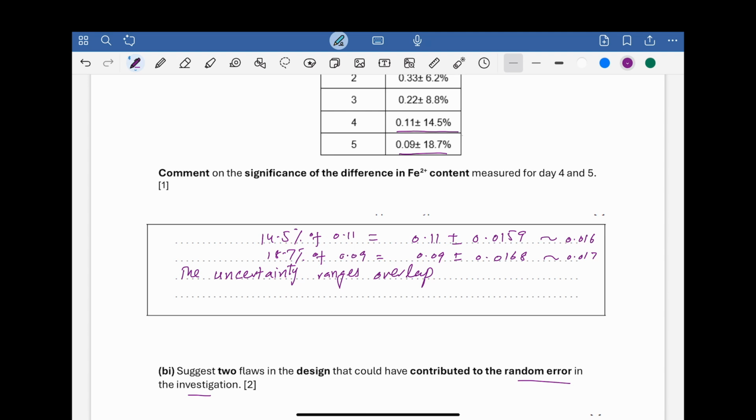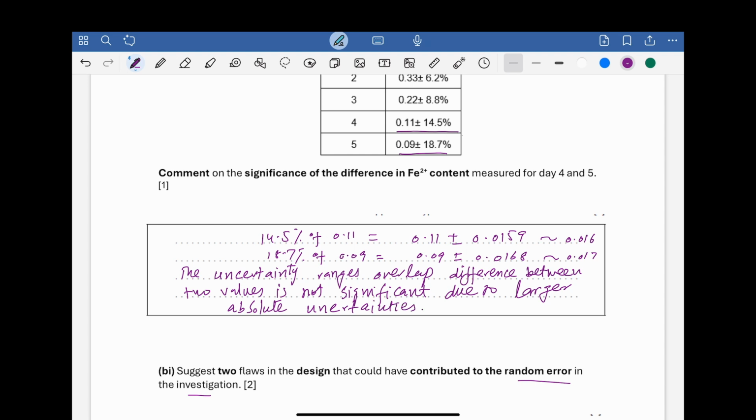So the difference between the two values is not significant due to larger absolute uncertainties.